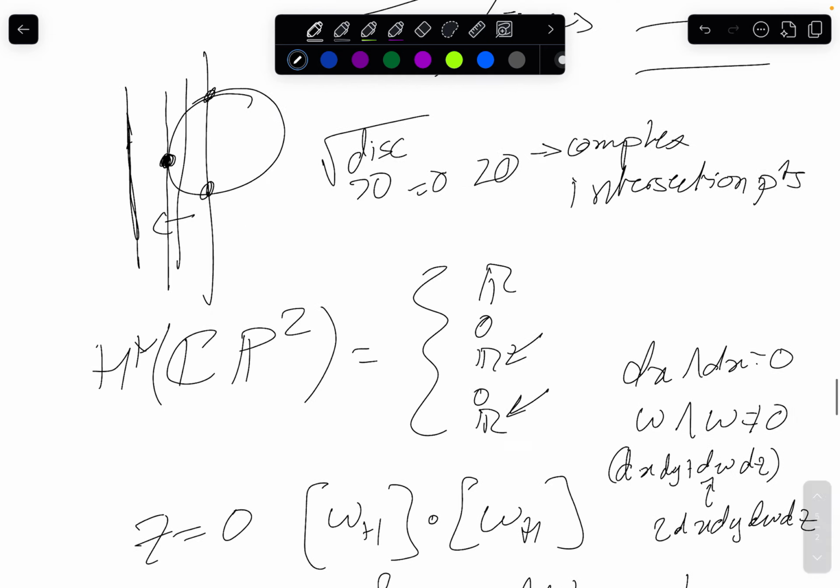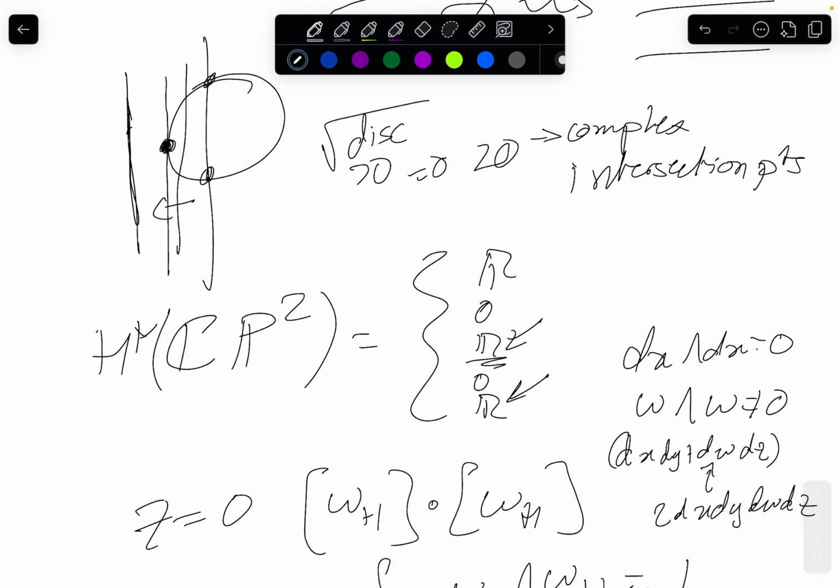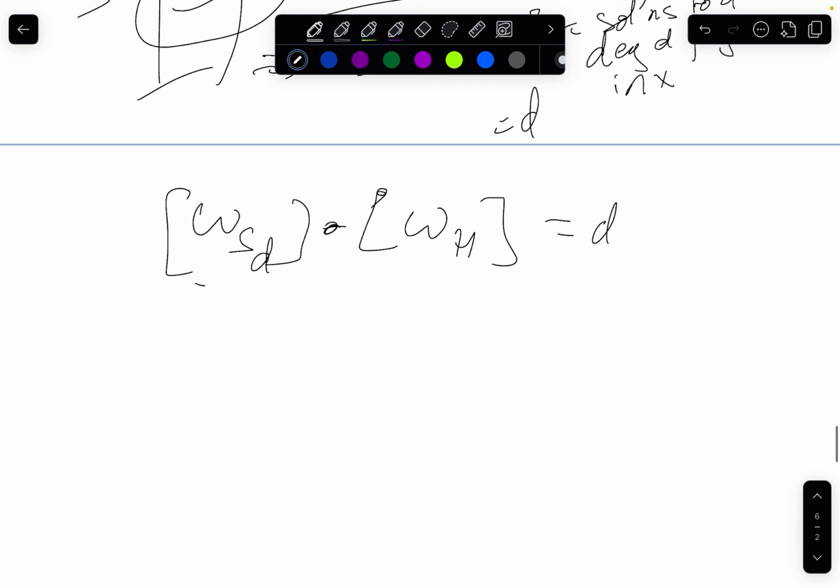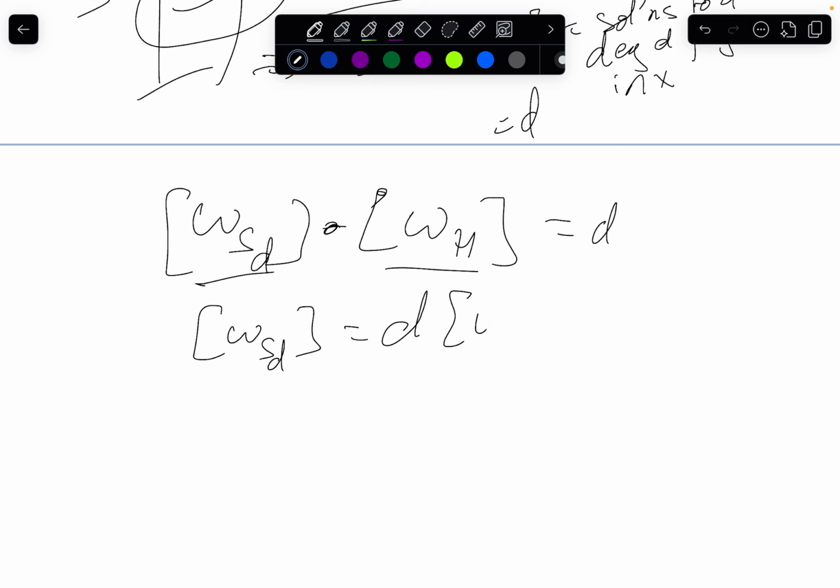But the cool thing is that we know that H2 is one-dimensional. So what that means is that this is actually some multiple of this guy. And we know that if you take omega h dot omega h, you're going to get 1. So that tells you that omega S_D is actually equal to D omega h.